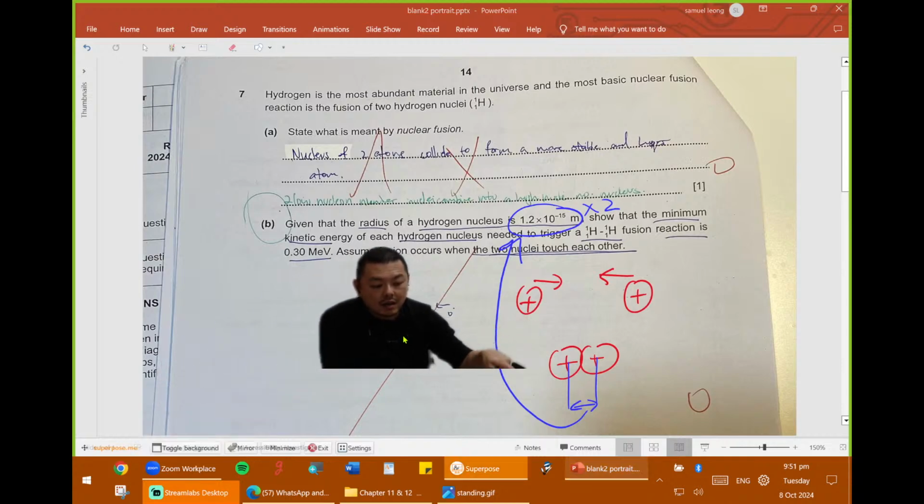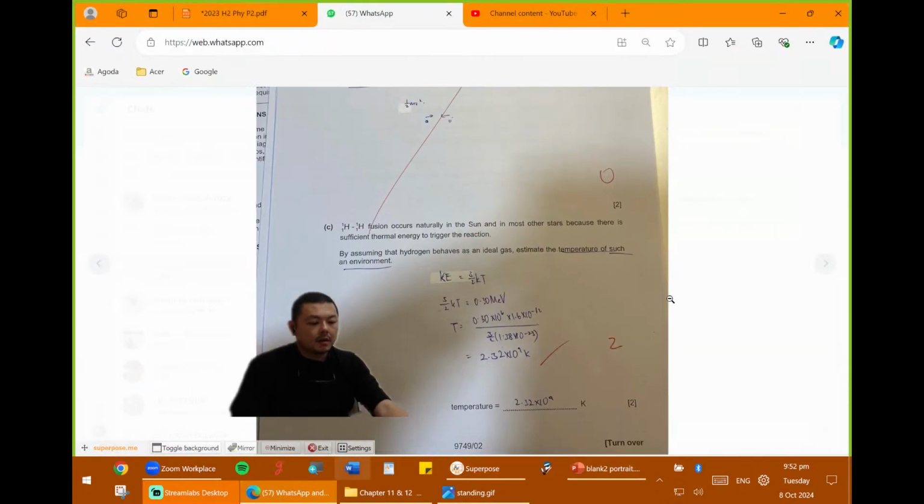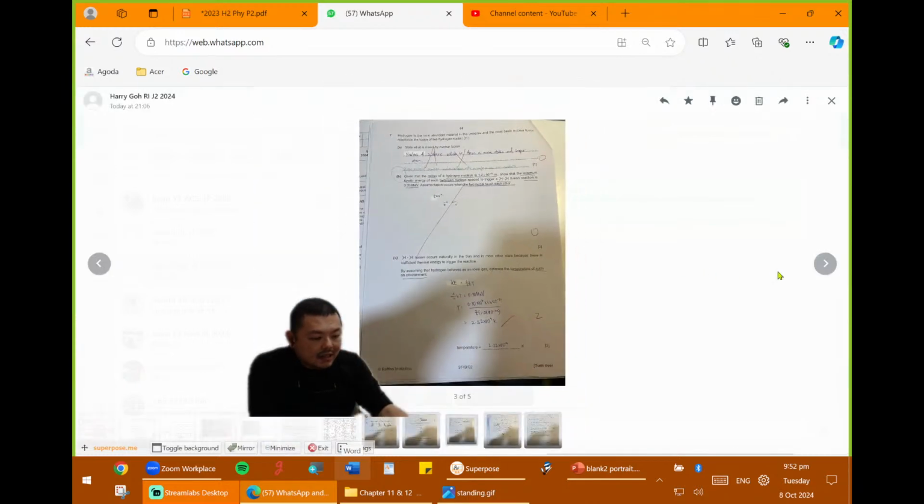The distance there is basically this distance times 2. And basically you just need to calculate the KE required, which is basically the EP they get when they're next to each other. Okay, that's it for this one.